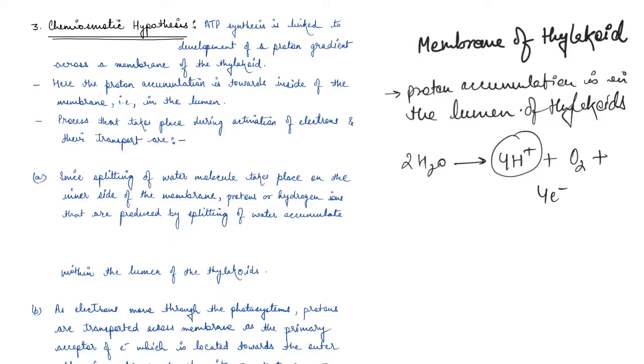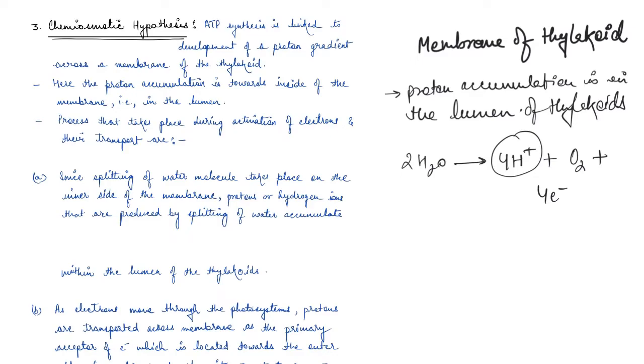This happens because the primary acceptor of electrons is located towards the outer side of the membrane, right? And it transfers the electrons not to an electron carrier, but to a proton carrier.